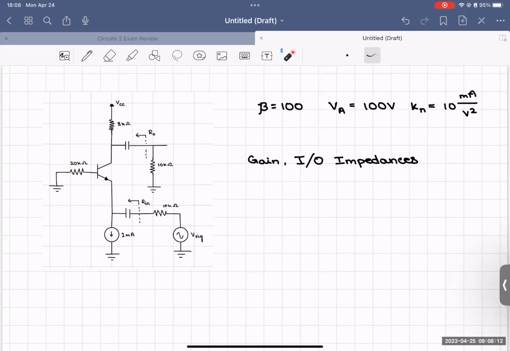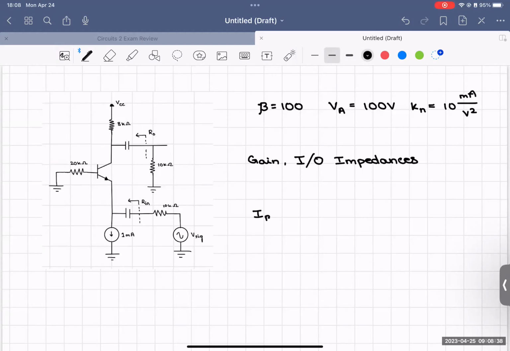The main thing that's going to help us from first inspection is this 1 milliamp, because we're looking at a common base, since we have our emitter, collector, and then base. We'll see that our base, where the 20 kilo ohm is connected to ground, is not going to have a current because of that.